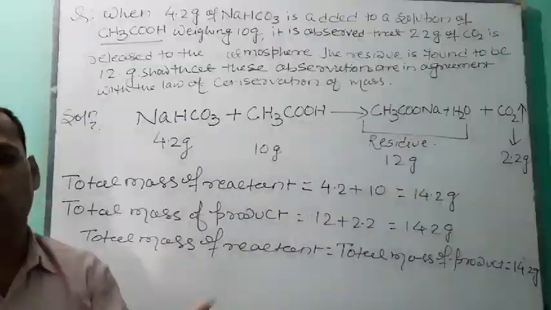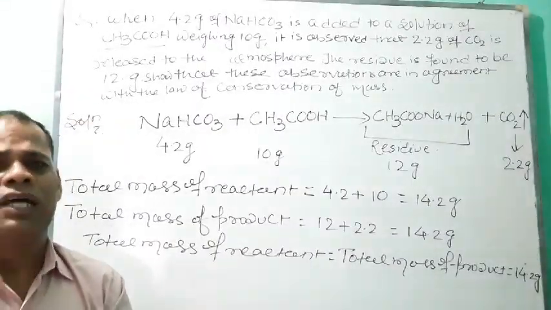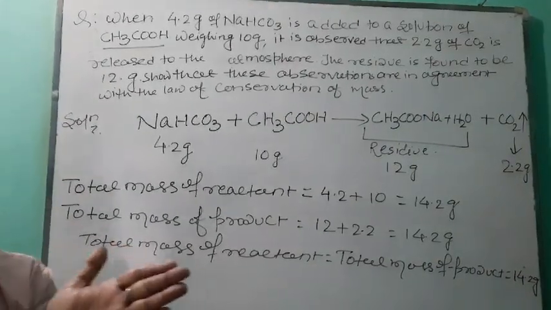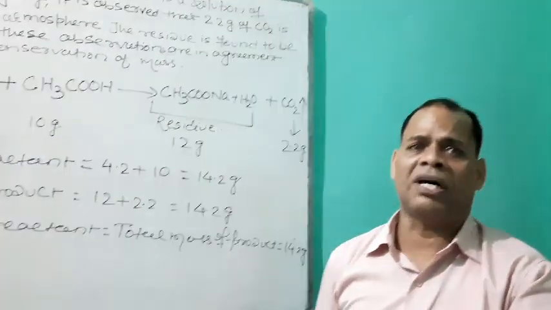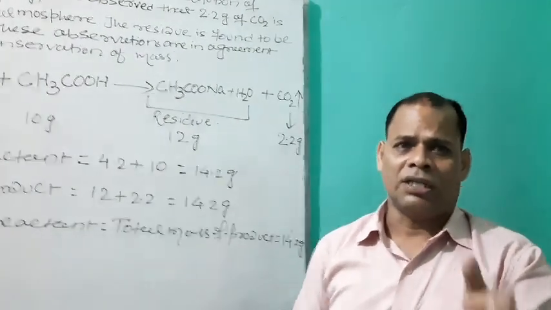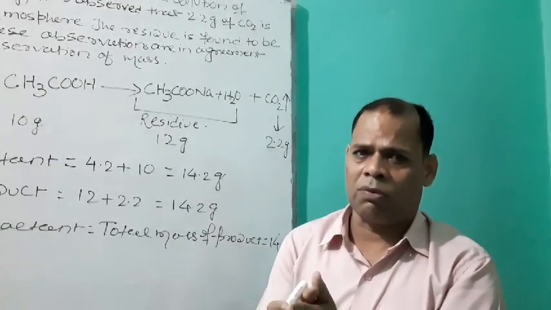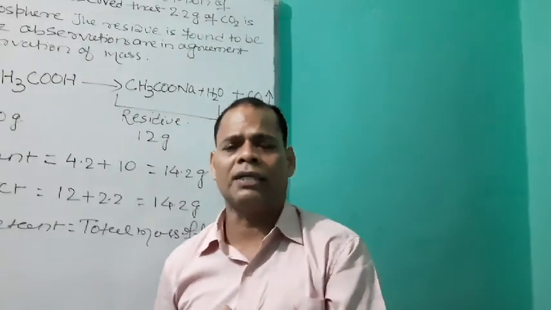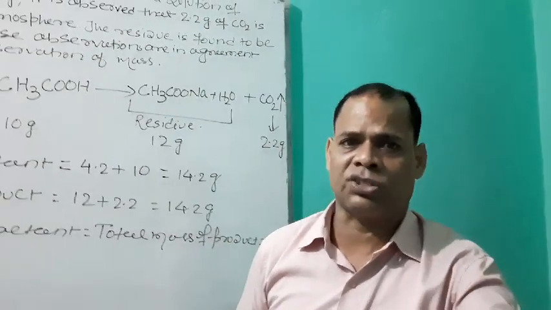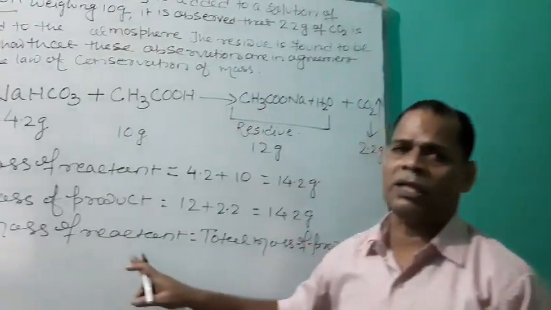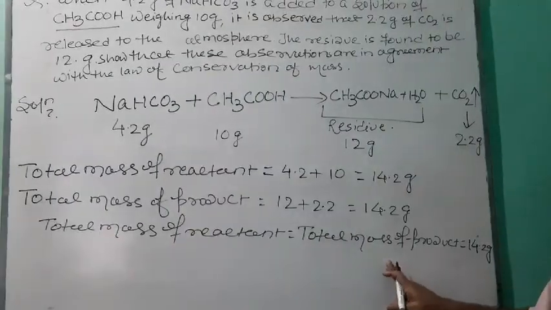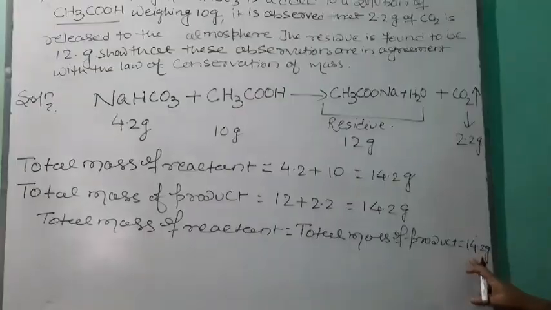So this is the law of conservation of mass, that total mass of the reactant is equal to the total mass of the product. According to the law of conservation of mass, during any physical change or chemical reaction, mass remains constant. So here total mass of the reactant becomes equal to total mass of the product, which is 14.2 as per this question.